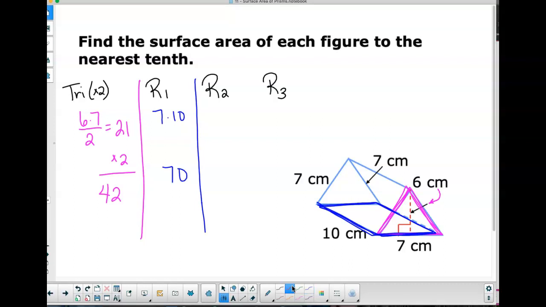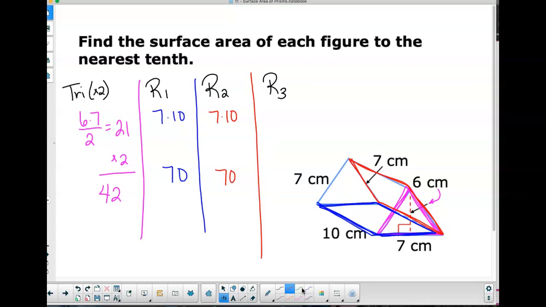I'm going to pick this back one right here. What are the measurements on that rectangle? 7 times 10 again is 70.